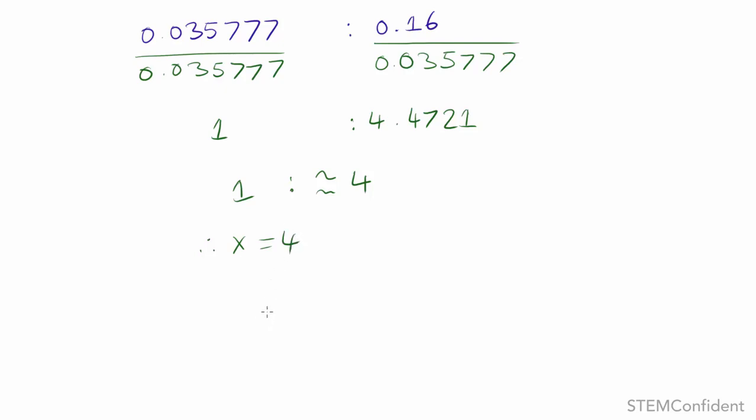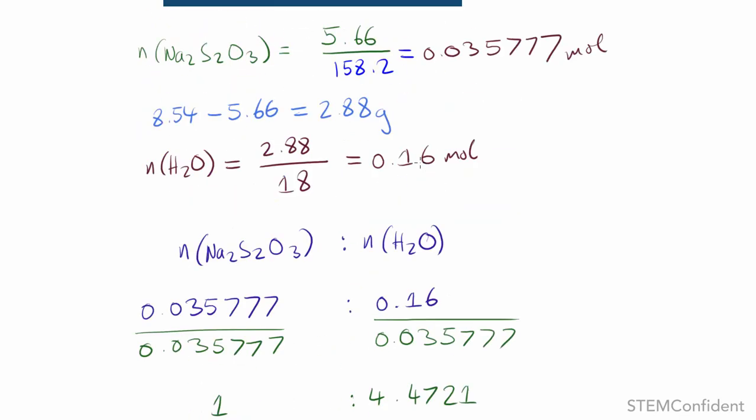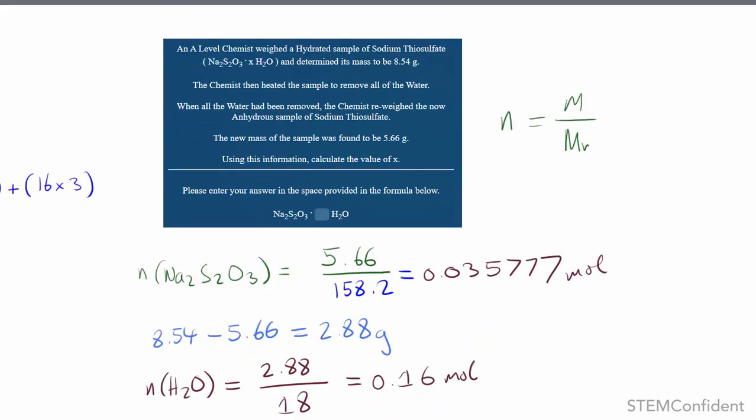Our formula is going to be Na₂S₂O₃·4H2O. That's how you'd work it out. I'm just going to add that number as requested in the question, so I'm going to put 4 here.